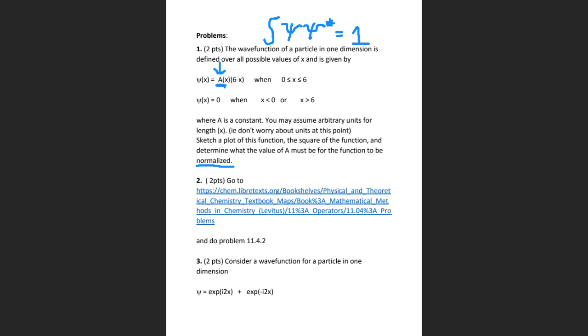And you're going to do that by taking the integral of this thing times its complex conjugate and setting it equal to 1. Now, this thing is real, so the complex conjugate is pretty easy. You just take the square.